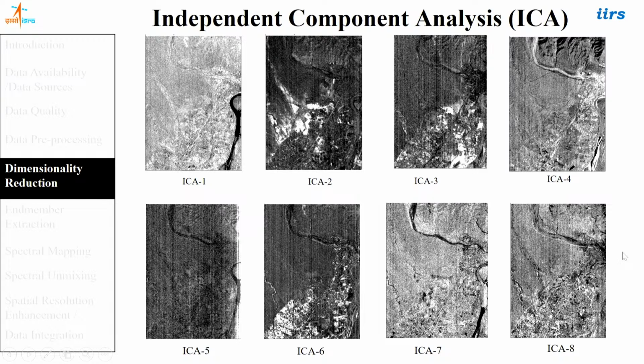Then coming to independent component analysis, this is one of the data dimensionality reduction techniques. We are trying to separate out individual or independent signals from the data. This uses higher order statistics like skewness and kurtosis. With a simple example, you can compare it to listening to music: if you listen carefully, you will be able to separate out the sounds coming from the different musical instruments.